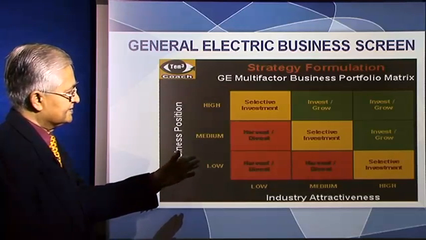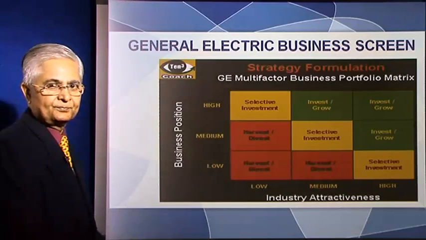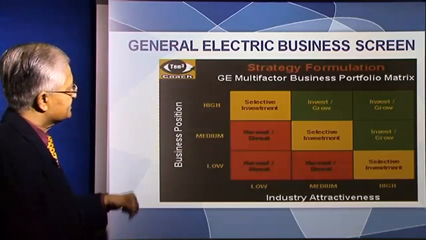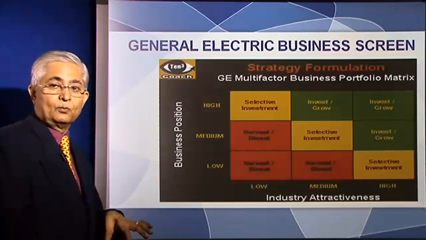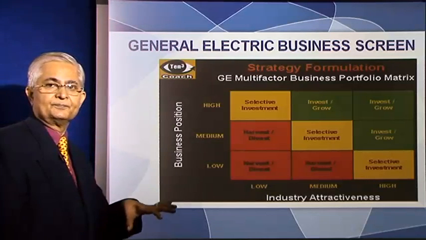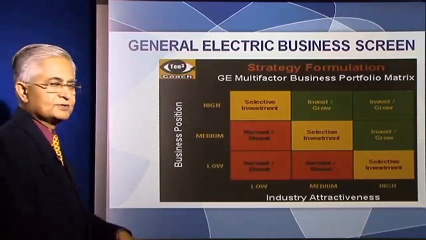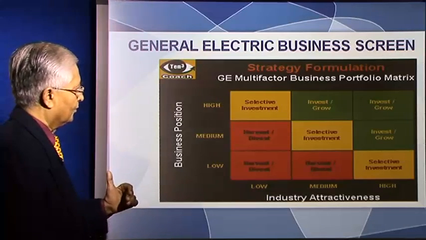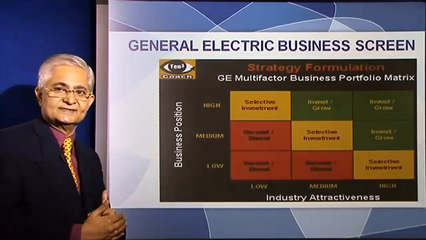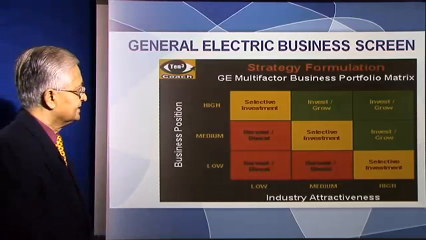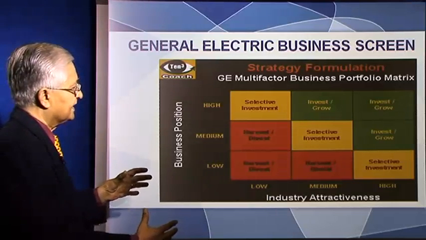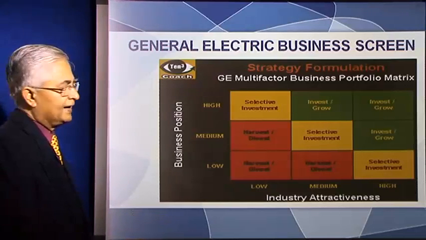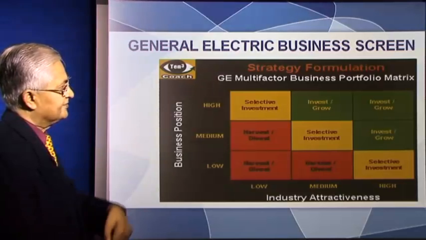Would you say attractiveness is low, medium or high? That's one. Then you look at the other axis, business position. That is, what is the position of ITC in the hotel industry? Is the position high, medium or low? So, based on these two indicators, the different businesses of the company are slotted into different cells.